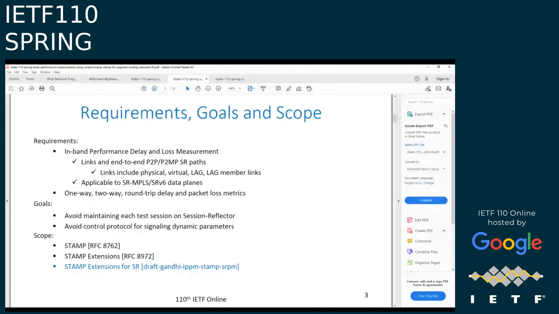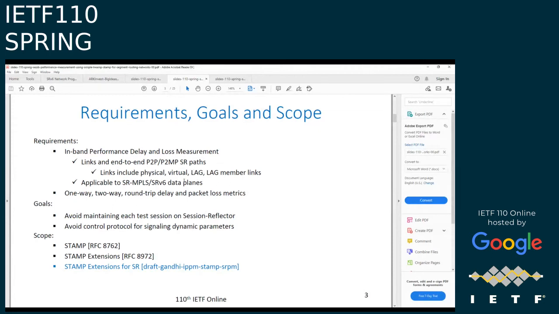So the requirements are performance delay and loss measurement for links, as well as end-to-end SR paths, P2P and P2MP. Links can be physical, virtual, LAG, or LAG members, applicable to both SR-MPLS as well as SRv6 data planes.